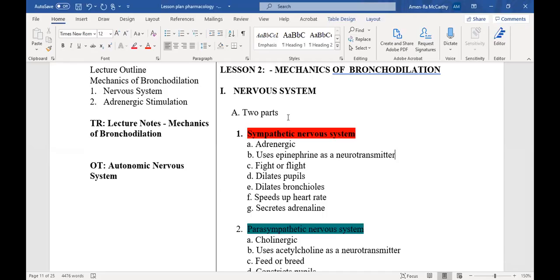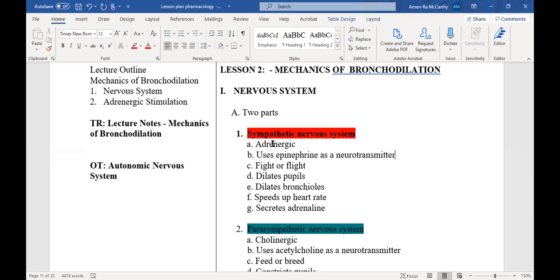Sympathetic nervous system, AKA adrenergic, AKA sympathomimetic. It is the fight or flight nervous system. Anything that is a mimetic is something that mimics that.